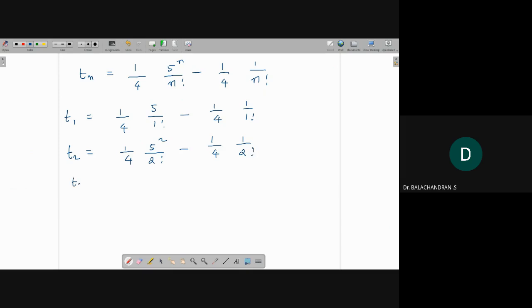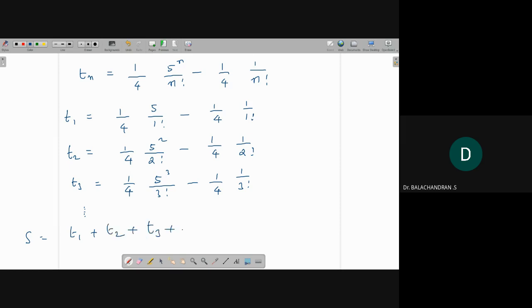T3 is 1 by 4 into 5 cube by 3 factorial minus 1 by 4 into 1 by 3 factorial. And so on. Now S is equal to T1 plus T2 plus T3 and so on.